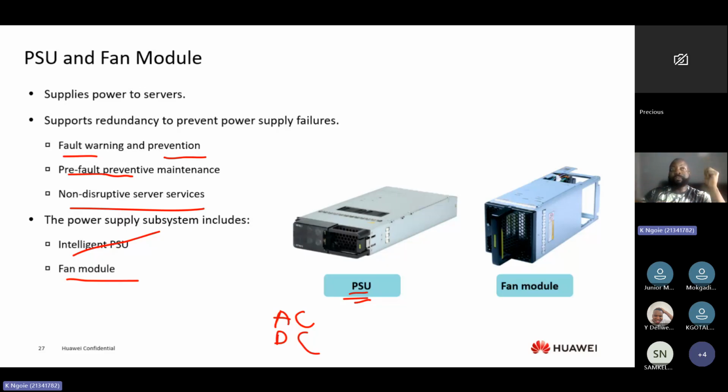That's the job of the PSU. When you plug in the AC, which comes from your sockets, how many volts is that? Is that 220 volt or 120? What do we have in our home? It's 220 volt, right? Am I right, guys?